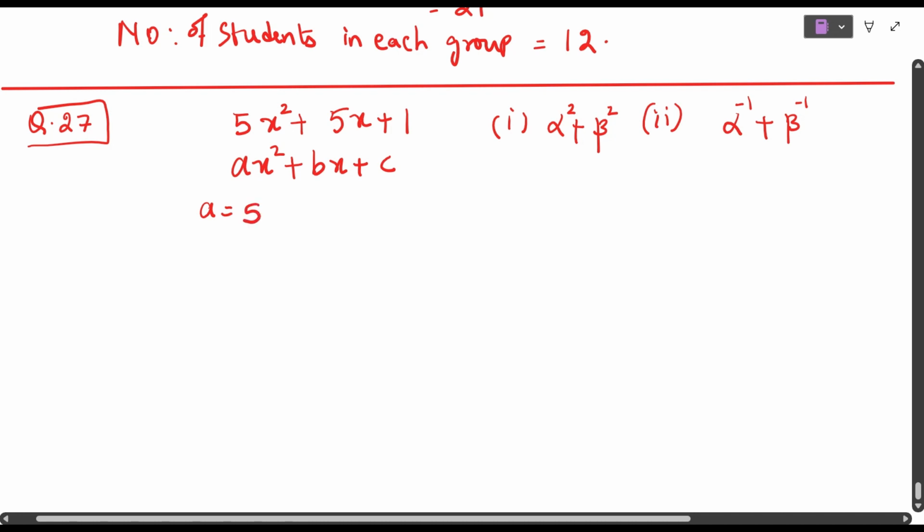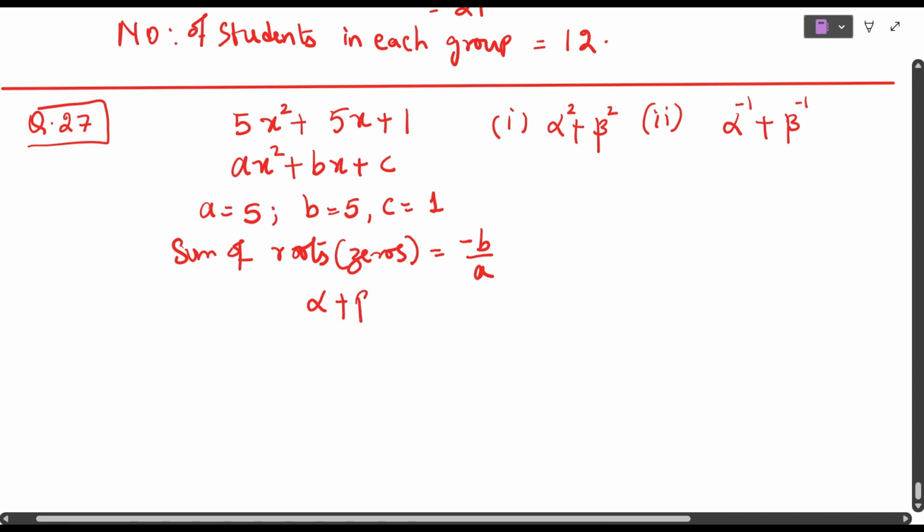It is 5, the value of b is 5 and the value of c is 1. Next, the sum of roots or sum of zeros is equal to how much? What is the formula? Minus b by a. Suppose alpha and beta are the zeros, alpha plus beta will be minus b by a, that is minus 5 by 5, that is equal to minus 1.